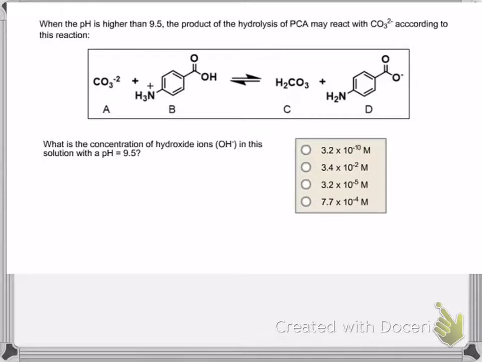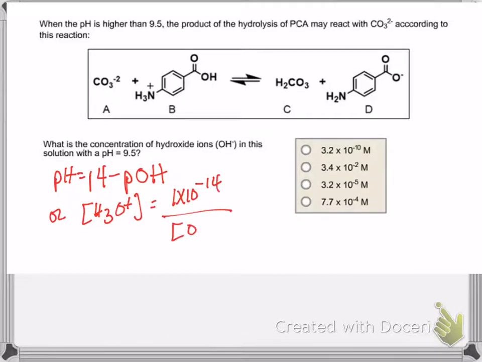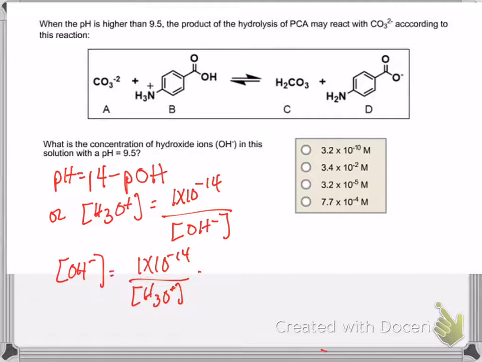Okay, and here's a pretty straightforward question. What is the concentration of hydroxide ions in this solution with the pH of 9.5? So there's a couple ways to do it. You'll be given access to this equation on the exam, and also this one, that the concentration of the hydronium ion is equal to Kw, 1 times 10 to the minus 14, divided by hydroxide ion. Here we're given the pH, so now we can solve for the hydroxide ion by manipulating the relationship.